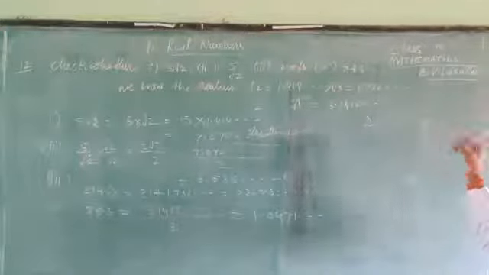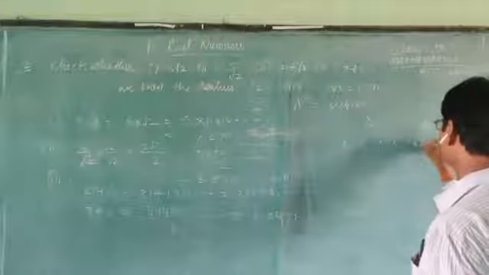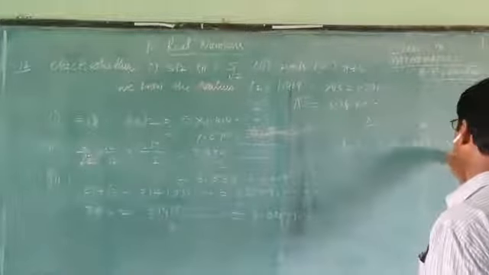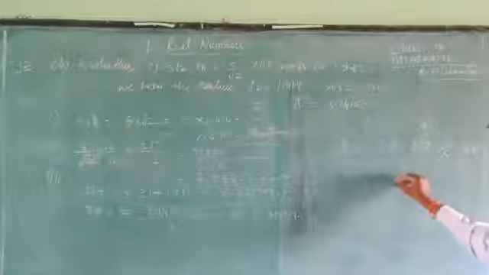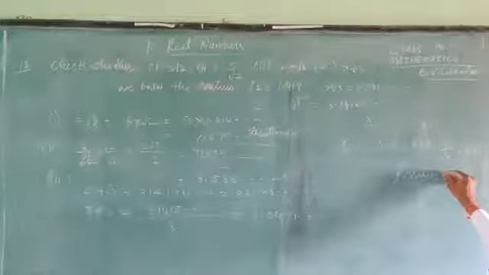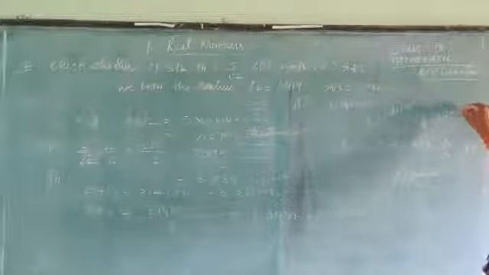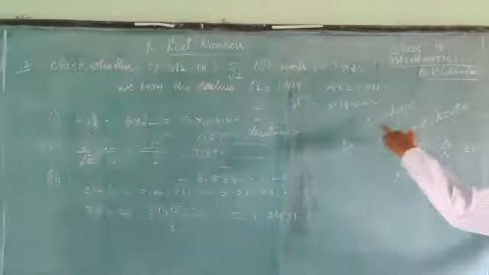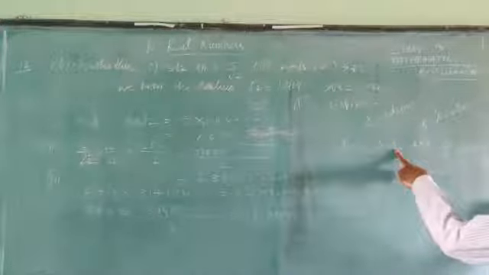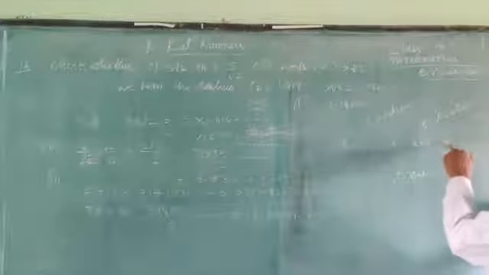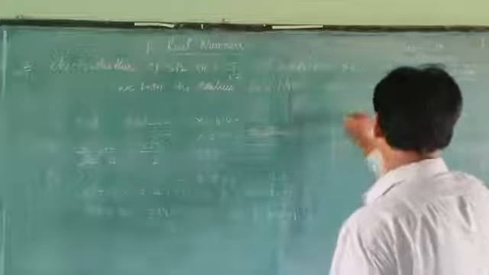If R is rational and S is irrational, then R plus S, R minus S, R into S, and R by S, where S is not equal to 0, are irrational. The sum, difference, product and division of a rational and irrational is an irrational. It is very, very important. We conclude this one.